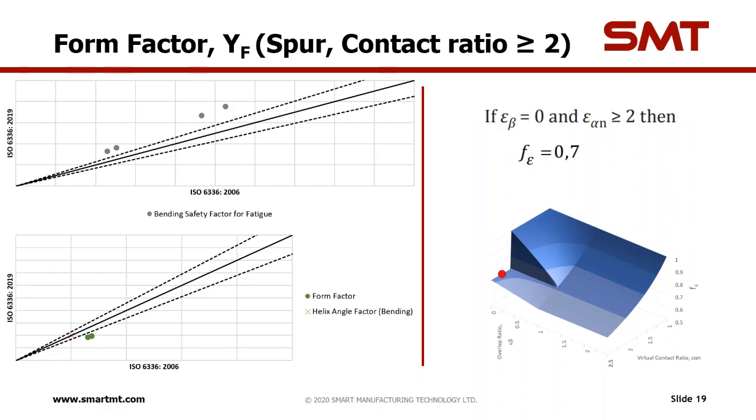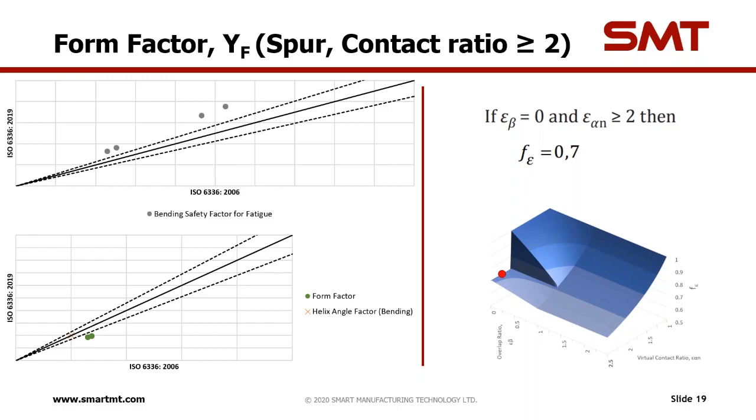So this is probably the case which is most affected by the new standard. We are talking about a spur gear with a contact ratio greater than 2. So the F epsilon value that you would get is 0.7, and you will be just beyond this step that I discussed.